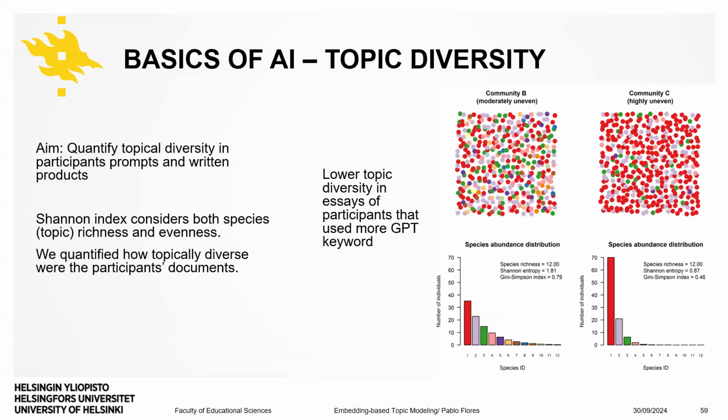And then on the other side, we found that a lower diversity on the essays was correlated with a higher use of GPT keywords. So people who were exploiting information that they saw in their chat with GPT later displayed less topical diversity in their essays. They focused more on one topic.